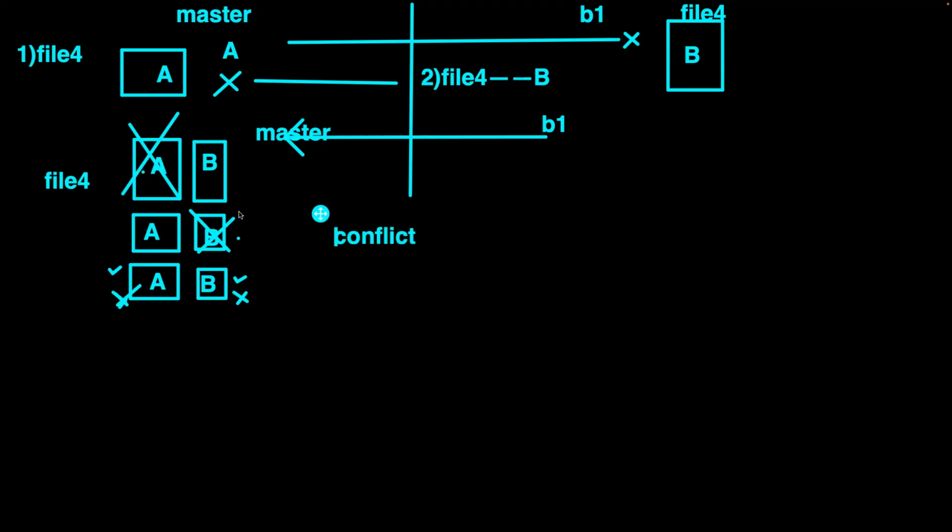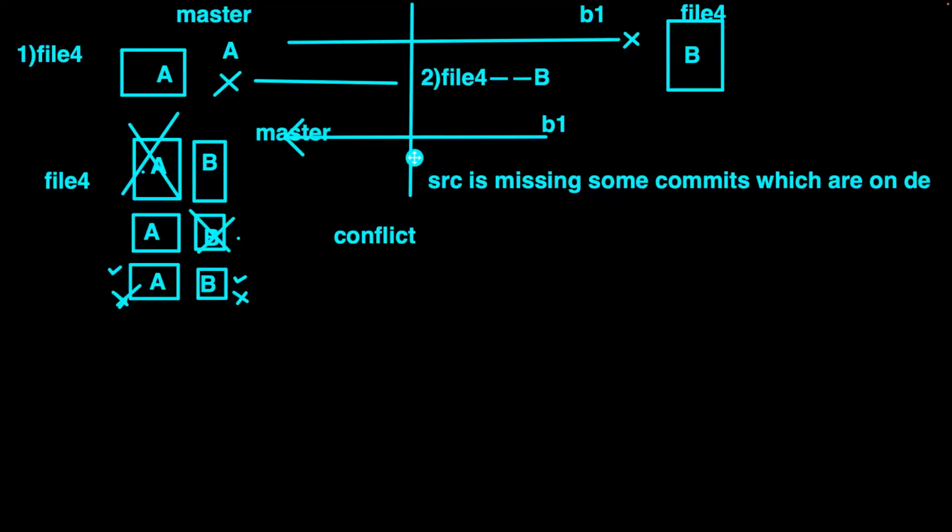Why is this happening? The reason for the conflict is, listen to this, I'm also writing here: if source is missing some commits which are on destination, then you get a conflict.